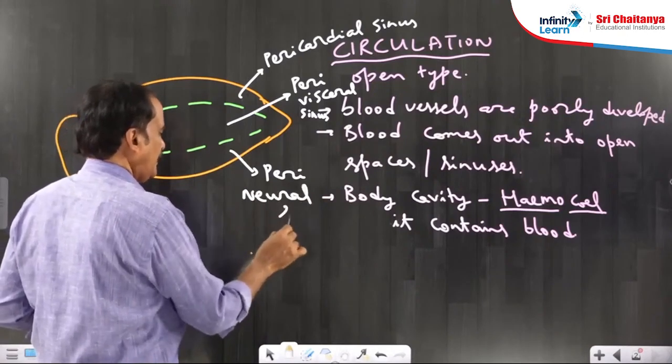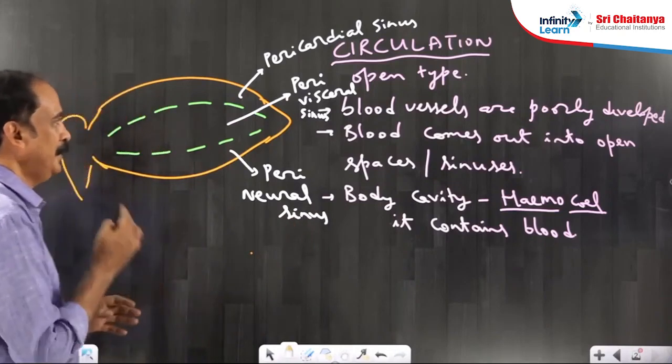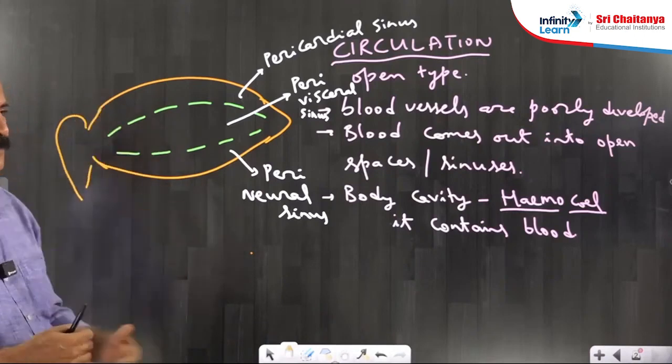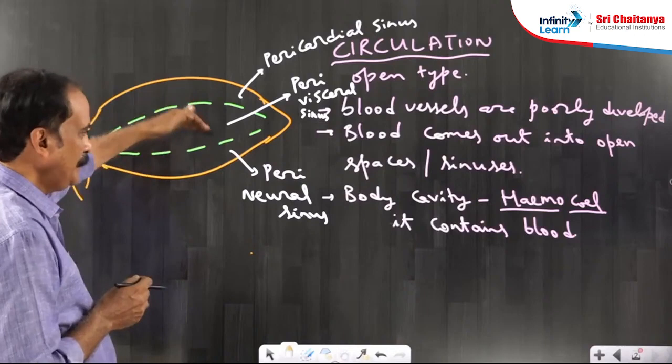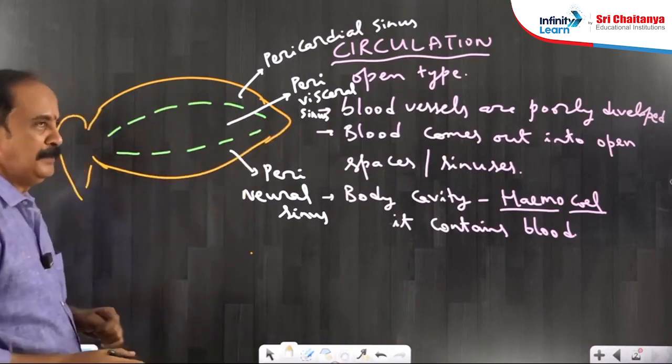Okay. So you may not have to remember all this, you should have an idea how the blood will be flowing in the animal. For that, this diagram will help you understand quite easily. So body cavity is divided into these three sinuses called pericardial, perivisceral and perineural.